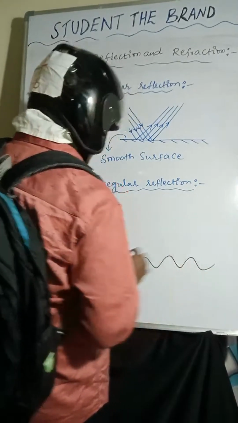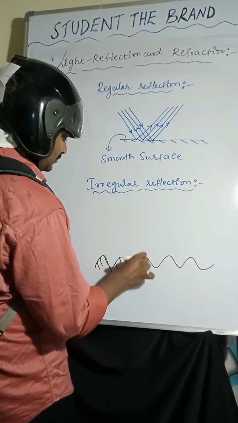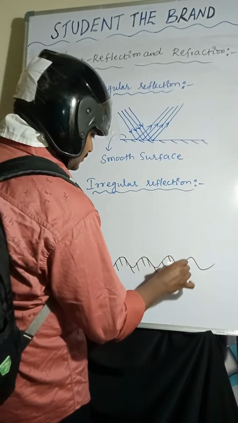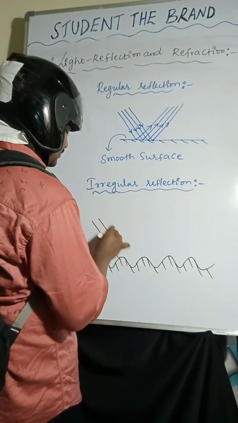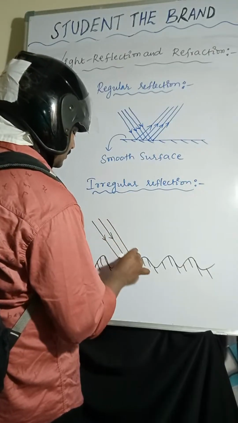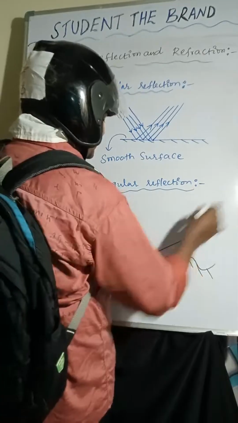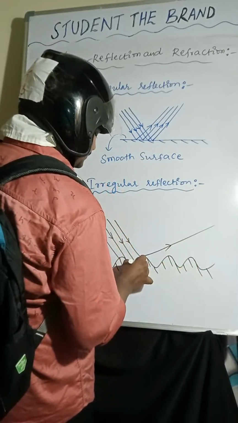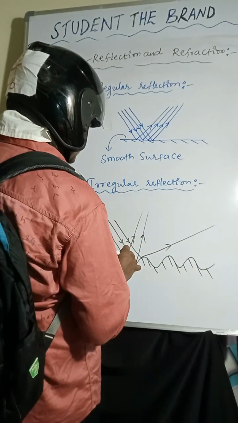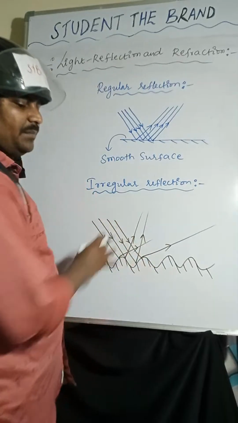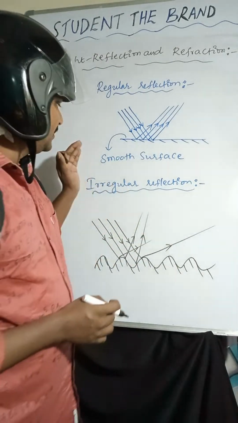So these are the incident light rays, and these are the reflected light rays. Reflected light rays are not parallel to each other. So incident beam is parallel, but reflected light rays are not parallel to each other. This type of reflection is called irregular reflection.